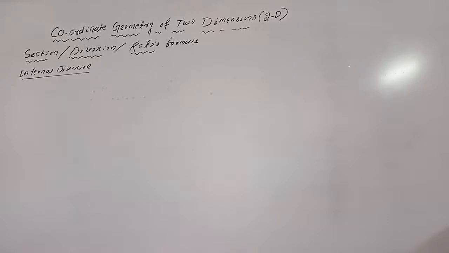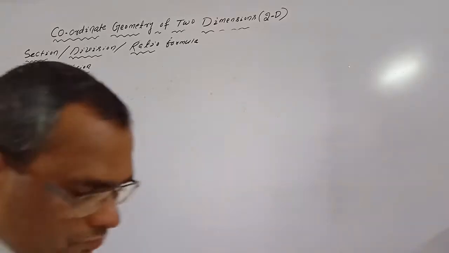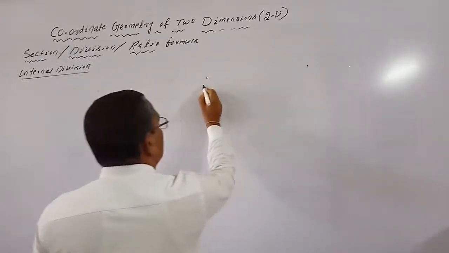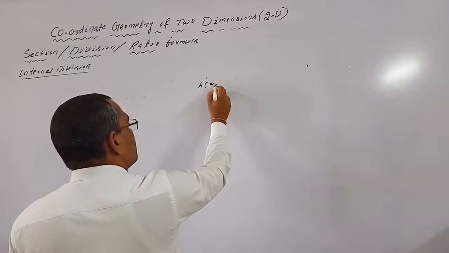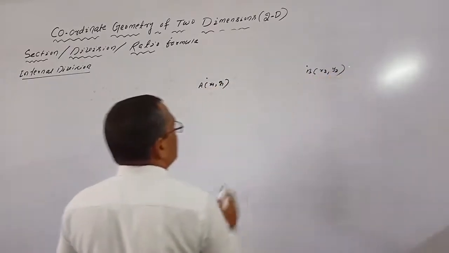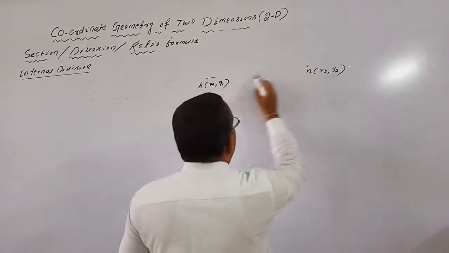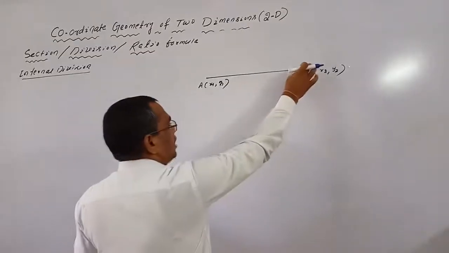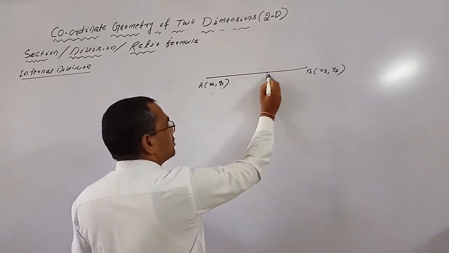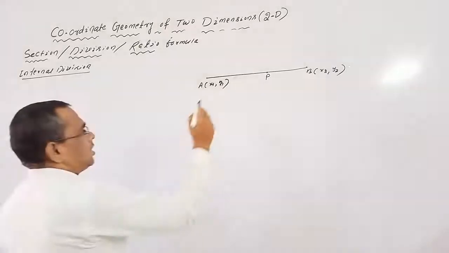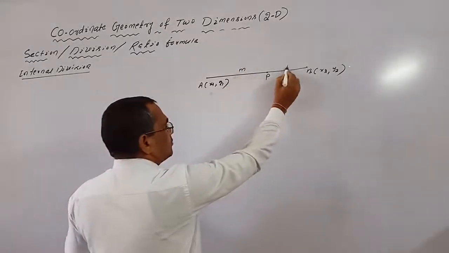Okay, internal division. So you know there are 2 points joining a line segment, A of x1, y1 and B of x2, y2 are 2 points. Now we join line segment AB. In that line segment, P is a point which divides it in the ratio m:n internally.